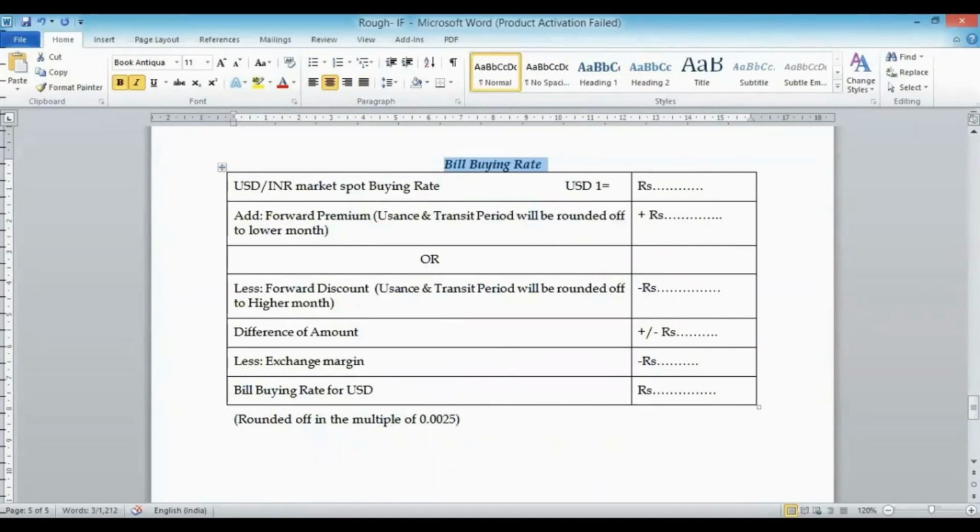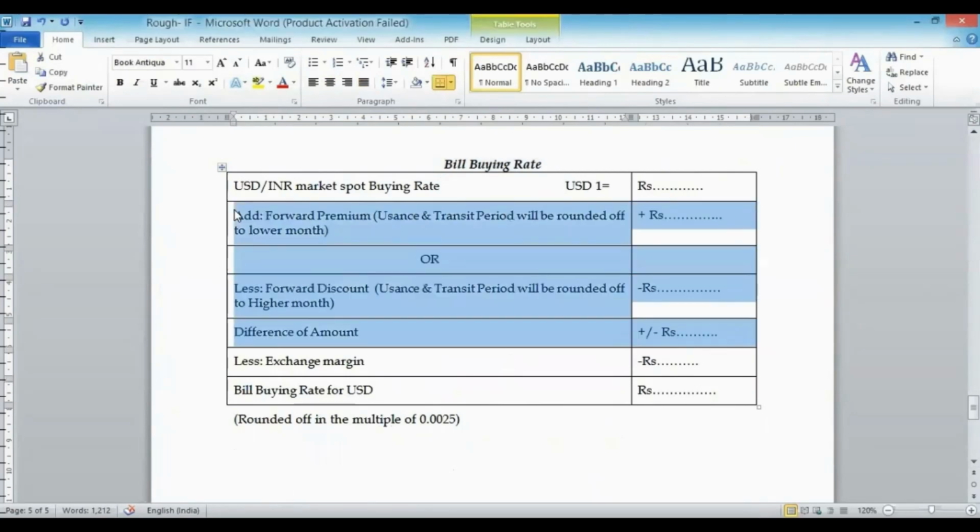And I hope you are clear about that. Simple. In the previous case, if you remember, that it was the TT buying rate, we were not having this portion. We were having only the spot rate and the exchange margin.